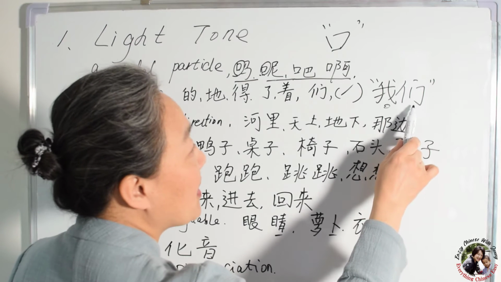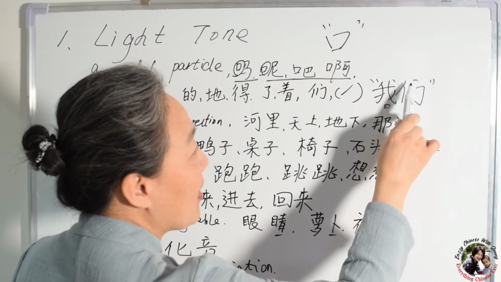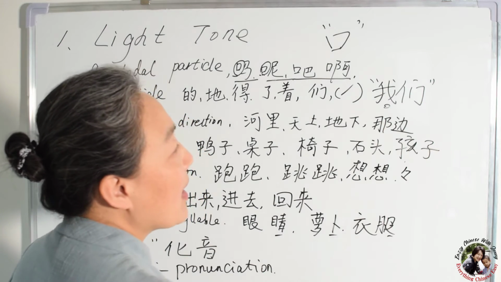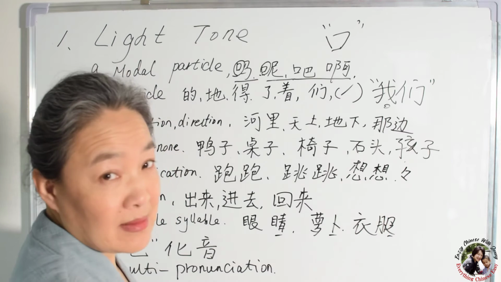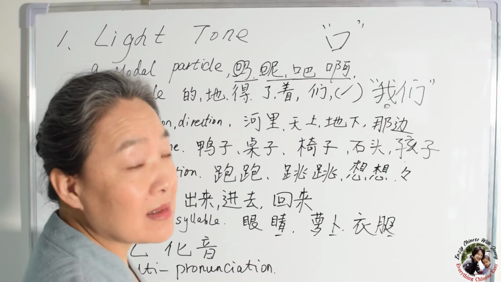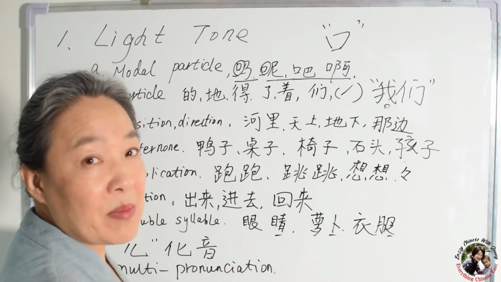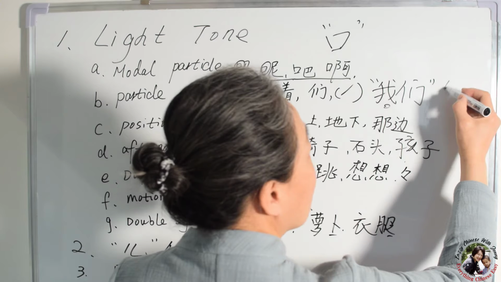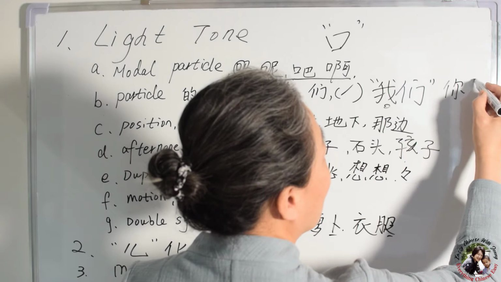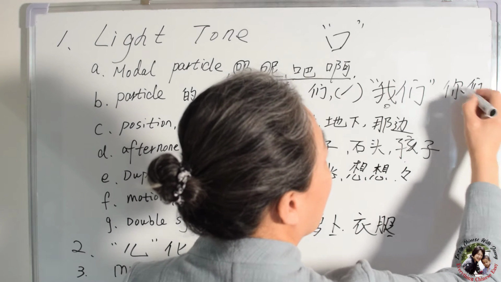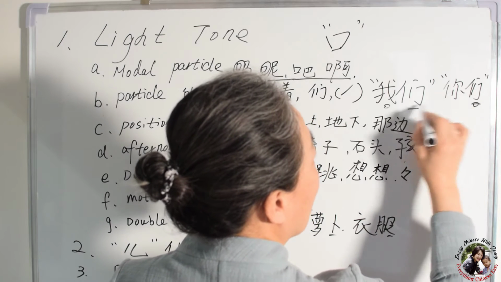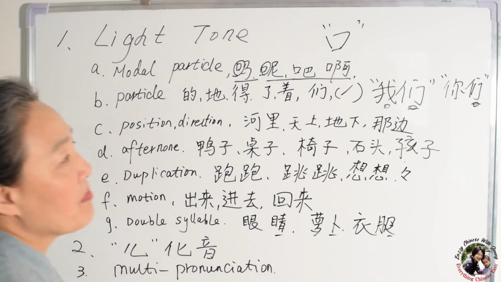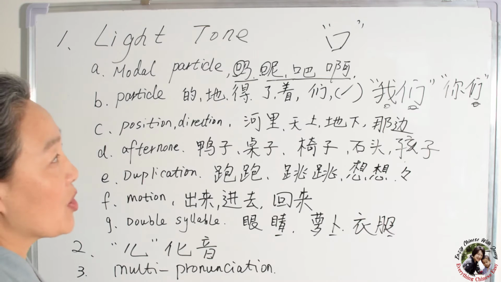But you don't pronounce this as a full second tone. It's a light touch tone. 我们, 你们, 你们 is also the plural of you. So they put it at the end, but you don't pronounce it as second tone.